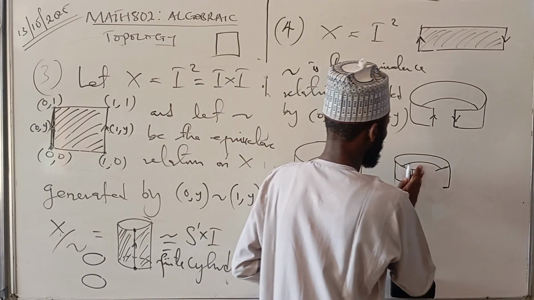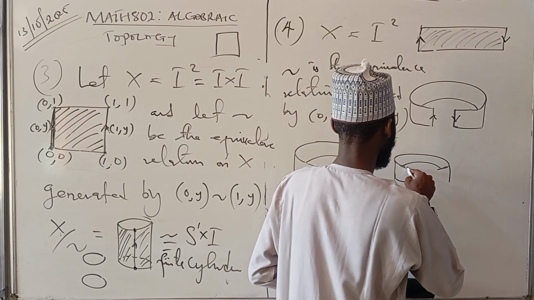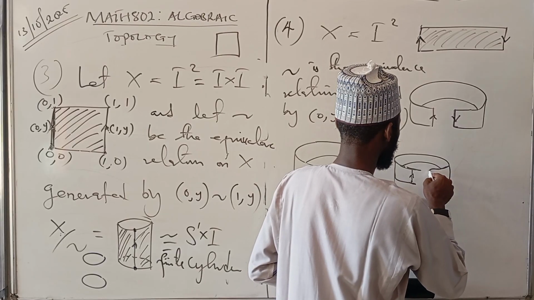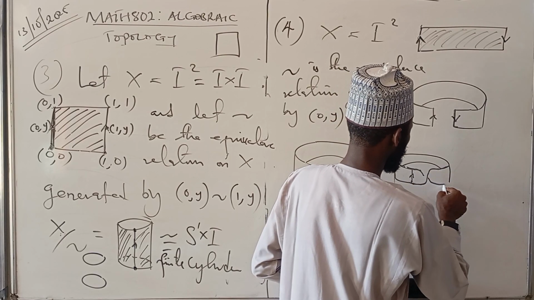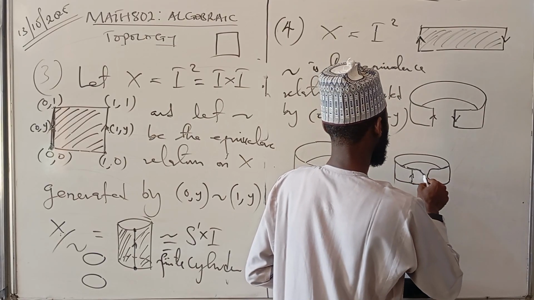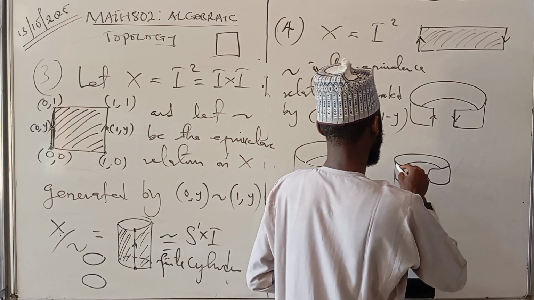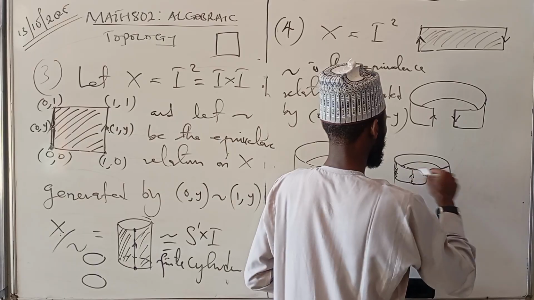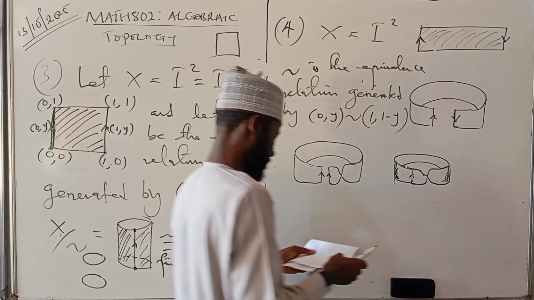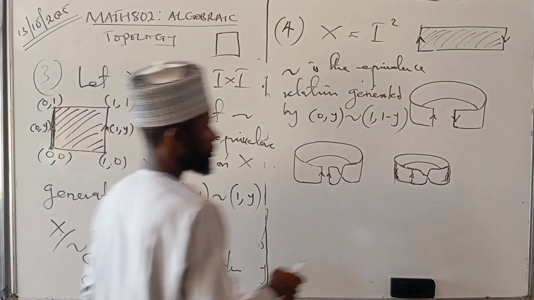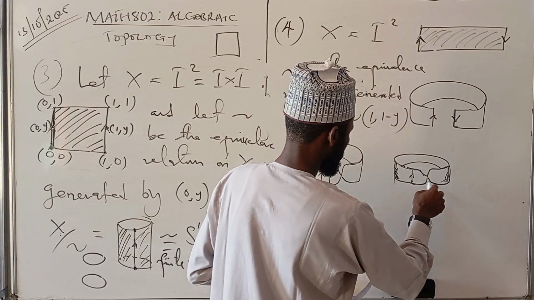It doesn't look like it, but it's okay. Things are a bit better. So I mean the surface of this thing. That is what we call a Mobius strip.